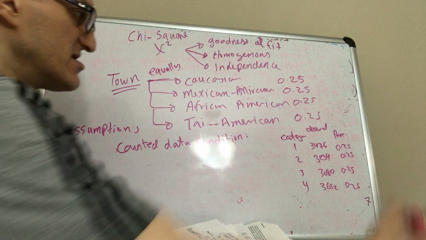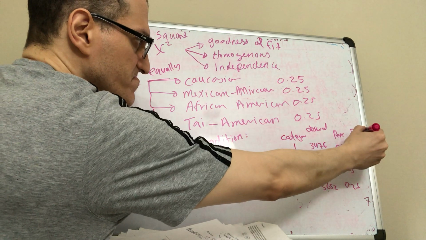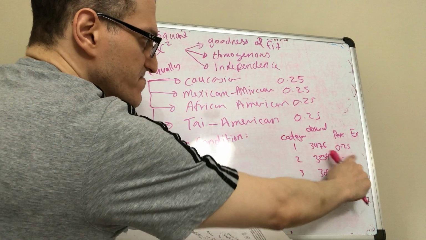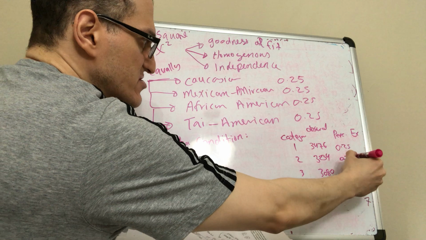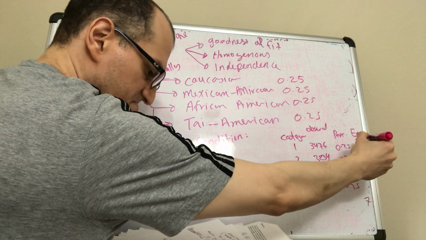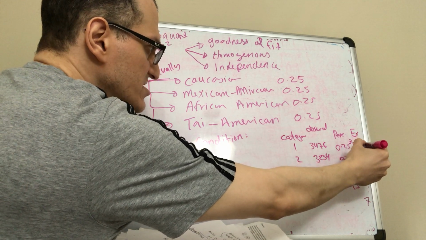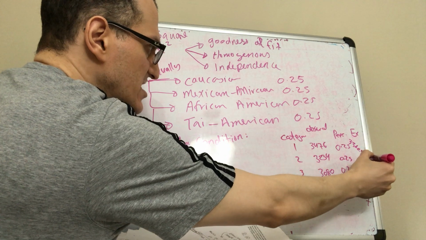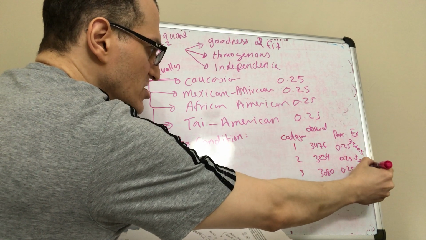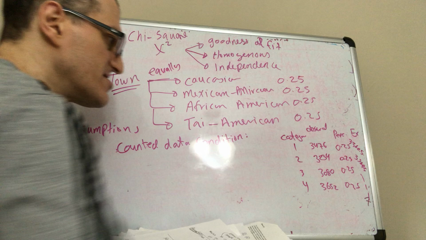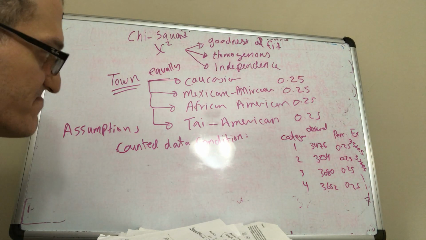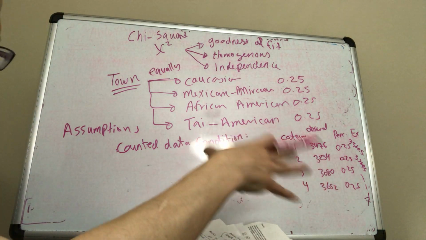You also got the expected number, and the expected number was 3,360.5, and that's for all of them. And I'll talk about this table later on.